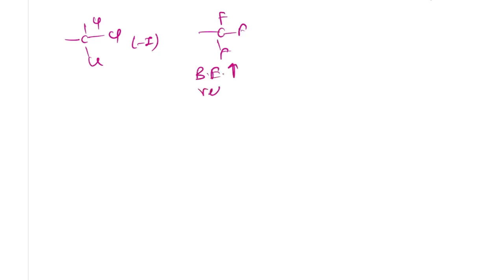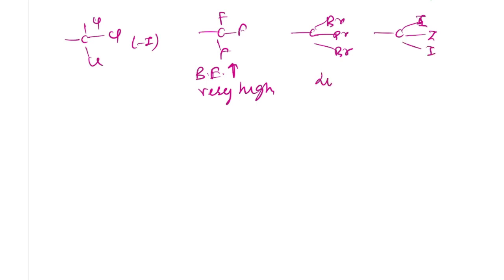In case of CBr3 and CI3, the overlapping difference is more, or you can say the electronegativity difference is more. So it will not lose as I negative, it will not lose as Br negative, because the electronegativity difference is more. So now let's solve some electron density questions through the overall effects.